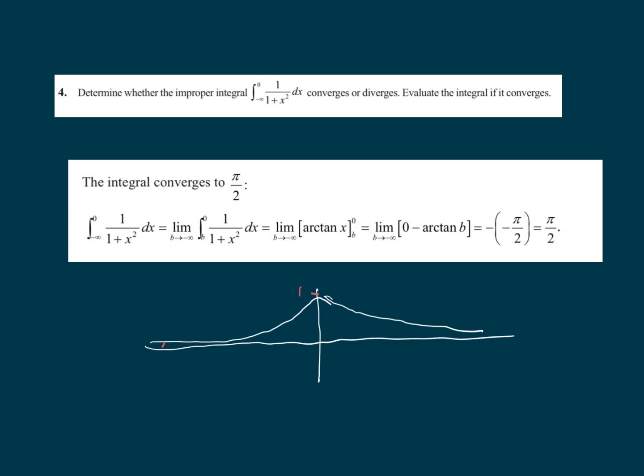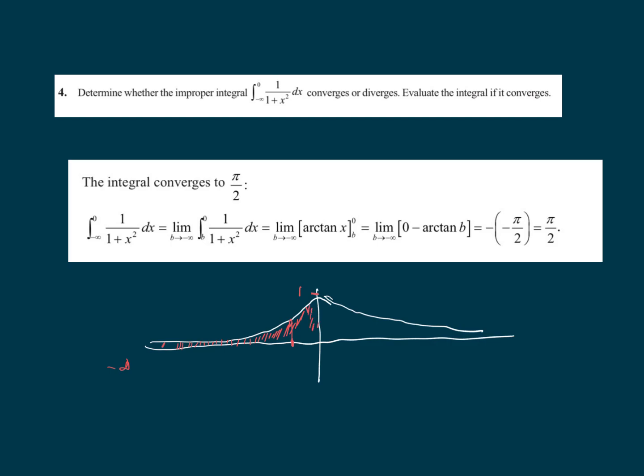When x is smaller than 0, the function is smaller than 1, and it goes to 0. The integral from minus infinity to 0 represents the area under the curve from minus infinity to 0.